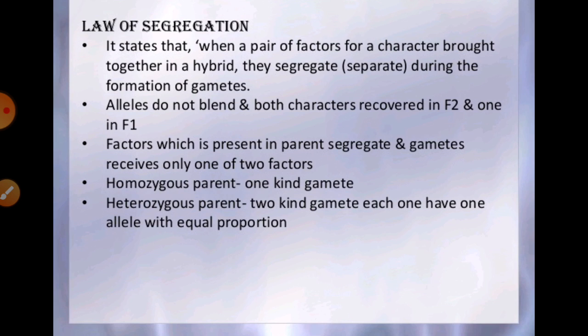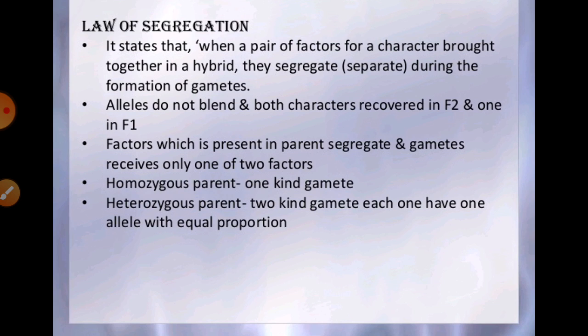So there is another law, the second law, the law of segregation. According to this law, the factors or alleles of a pair segregate from each other during gamete formation.